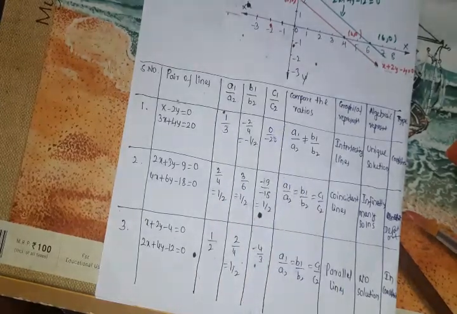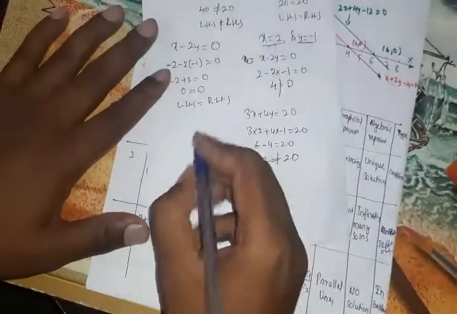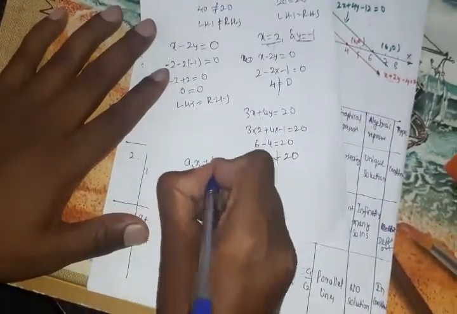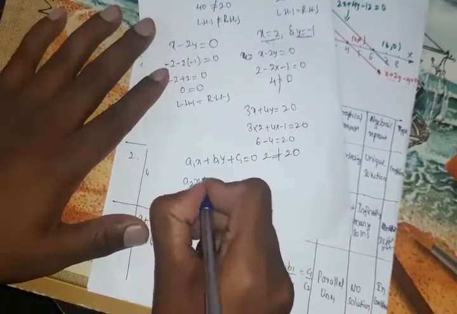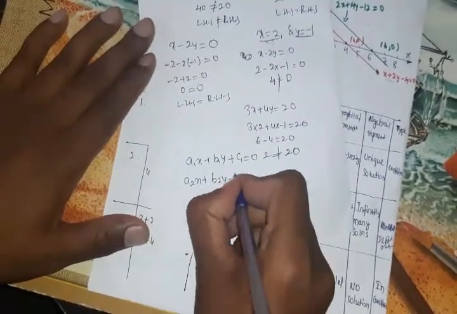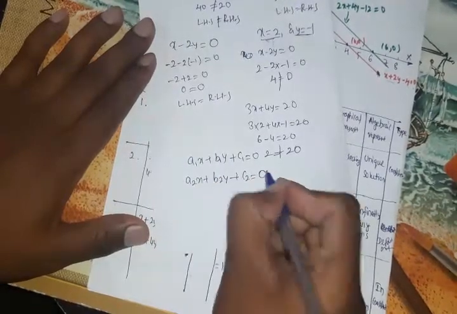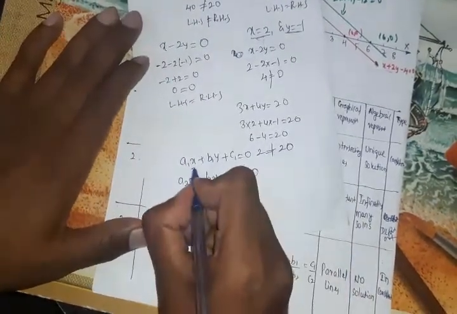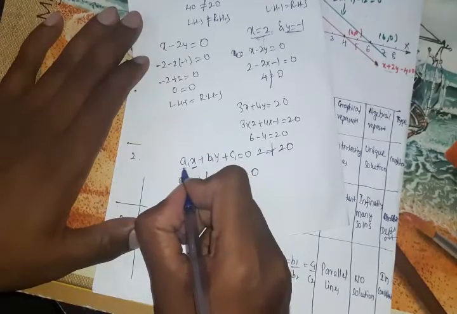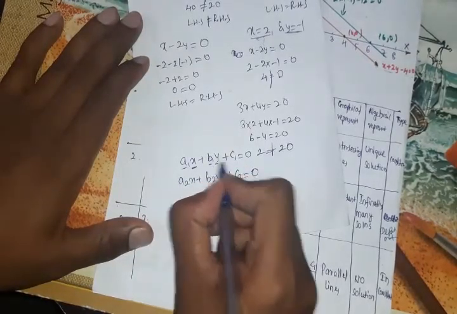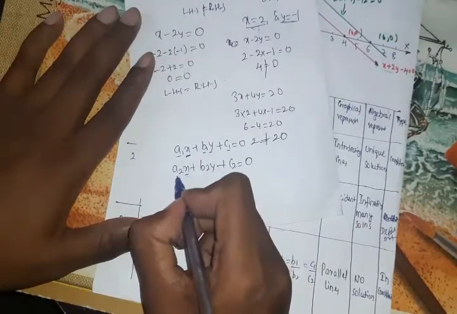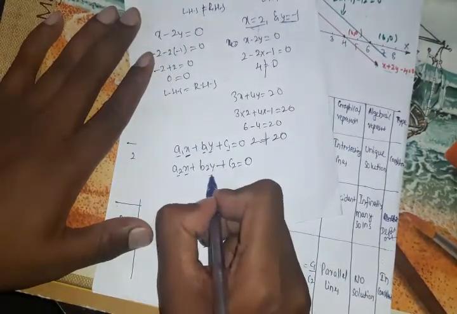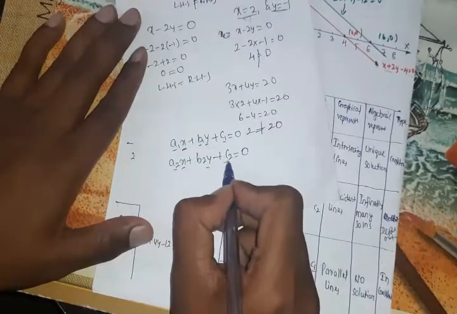The general form of a pair of linear equations is a1x plus b1y plus c1 equals 0, and a2x plus b2y plus c2 equals 0. So the coefficient of x will be a1, of y will be b1, c1 is a constant, and a2 is for x, b2 for y, and c2 is the constant.